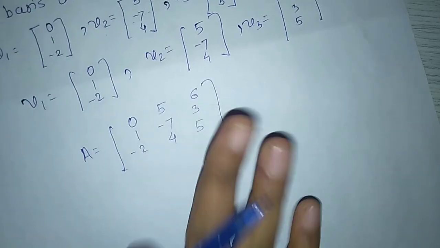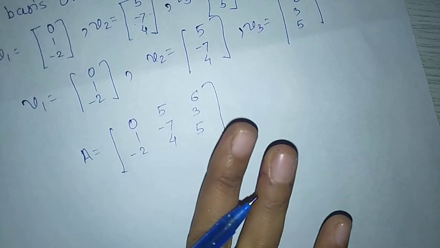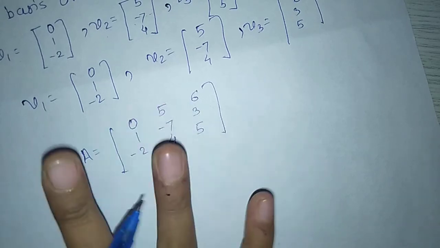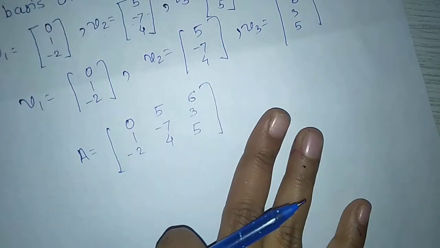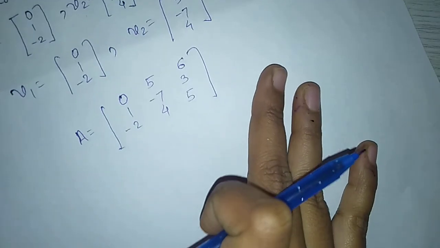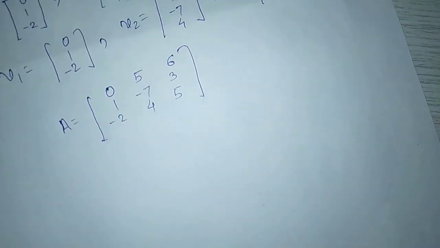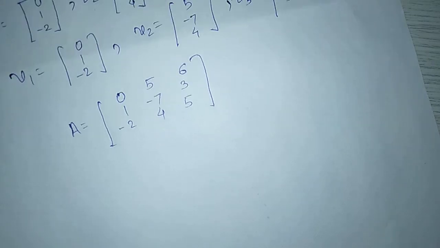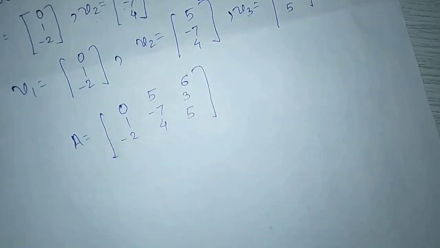This example is your exercise to check whether these vectors form a basis of R3 or not. First convert matrix A into reduced row echelon form, and then check whether in every column there is a pivot entry. If there is a pivot entry in every column, then we can say that these vectors form a basis of R3.